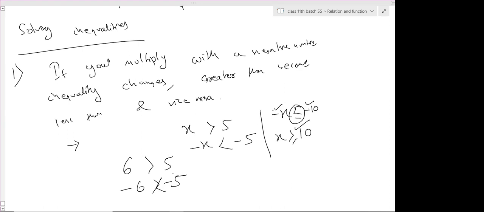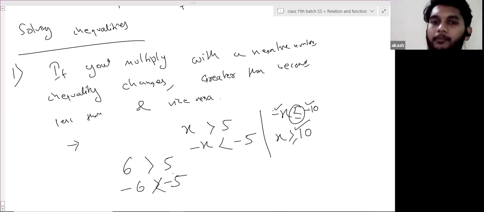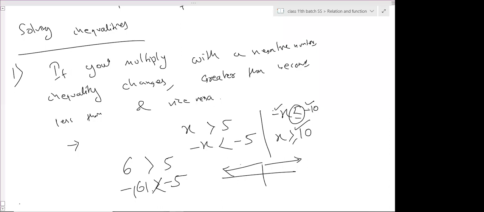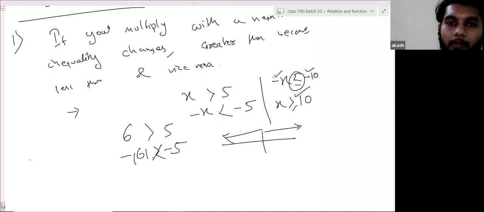So you have to change because the logic is that if you go from left to right, things increase in size. But if you go from right to left, then the more the absolute value, the less the number, right? I hope you get what I'm saying. Yes. All right. So this is the negative sign thing you have to remember.